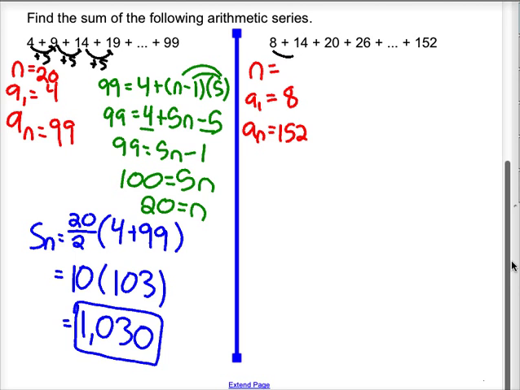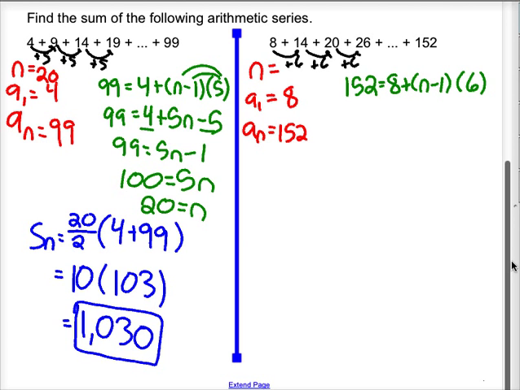So to use my explicit formula, I'm going to recognize that my d, what I'm adding every time, is 6. Because when I piece all this together into my explicit formula, my future term equals the first term, and it's what I'm missing, and I know my d is 6.